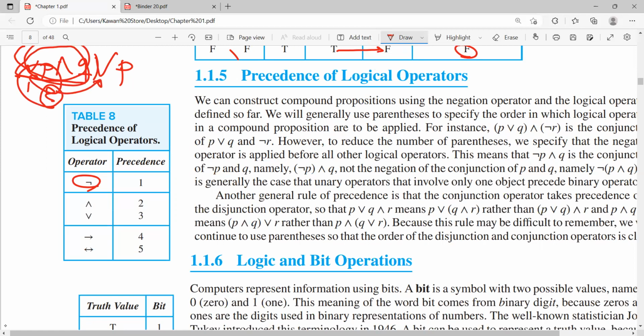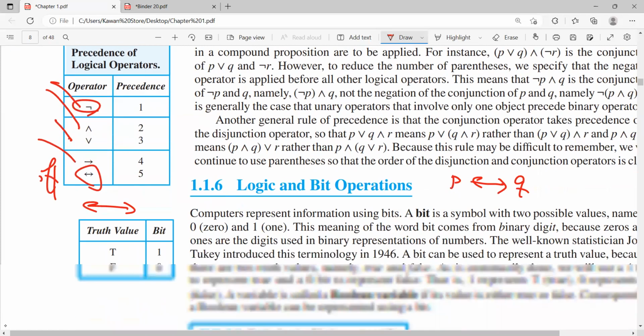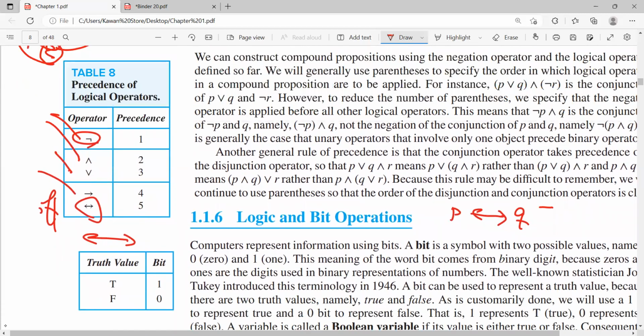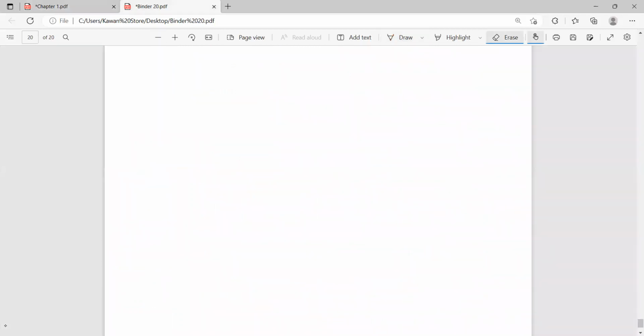So depending on this precedence, priority goes to negation, then and, then or, then if-then, then if and only if. If you remember, we say if and only if is the biconditional. When you see something like that, translate it in your mind.